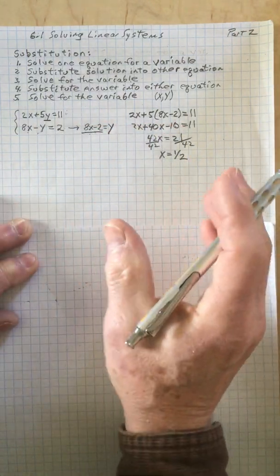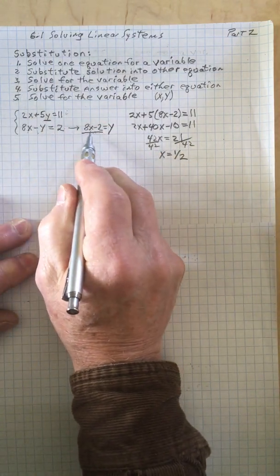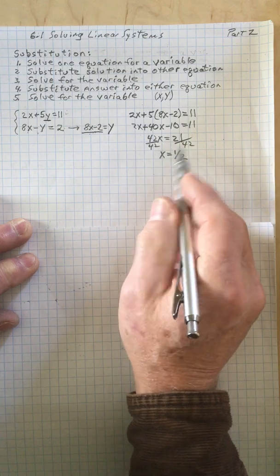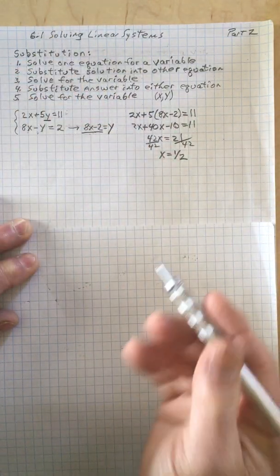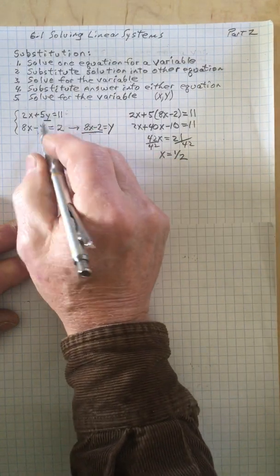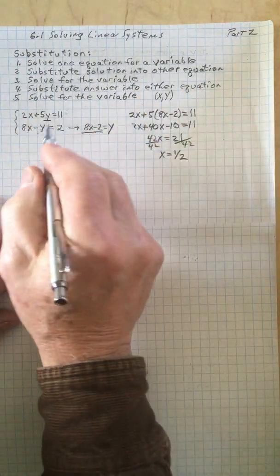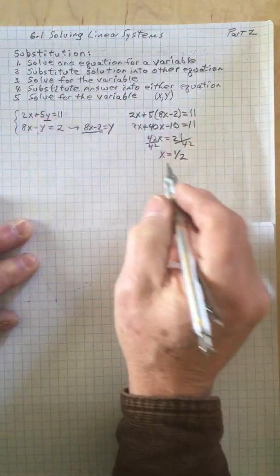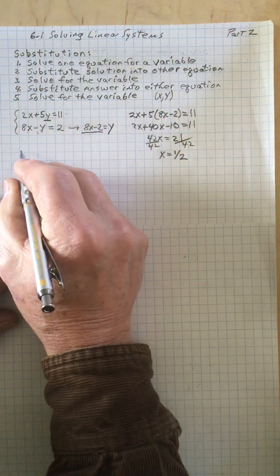But the idea of going back to the original is, if I made a mistake here, then I might pick it up. So we want to go back to the original so we have our best shot at getting a value for y. So I can put that into either one of these. They really both look just as easy as the other. I'm going to go ahead and choose this one, but again, it doesn't matter.